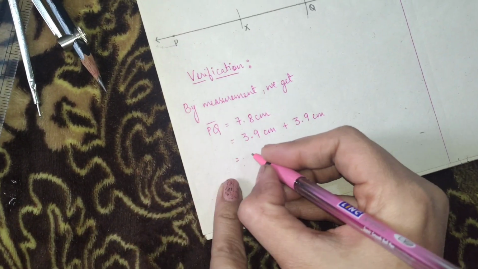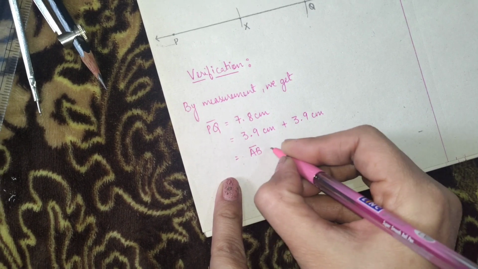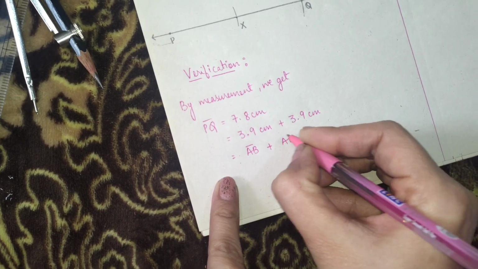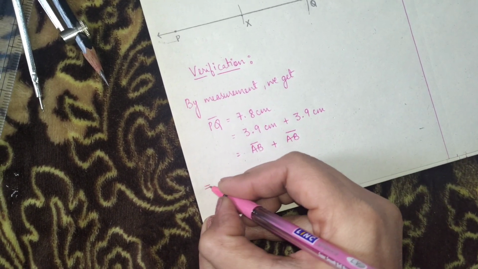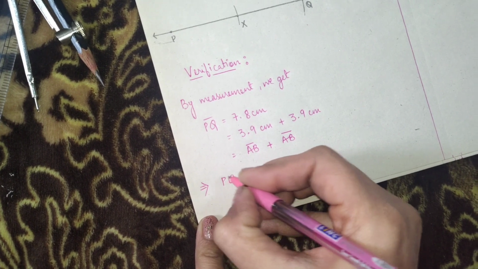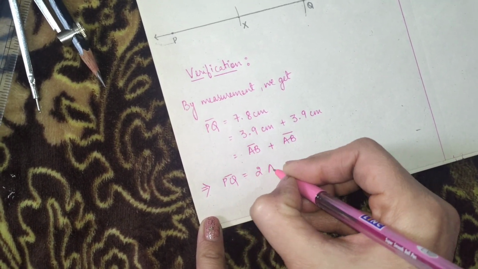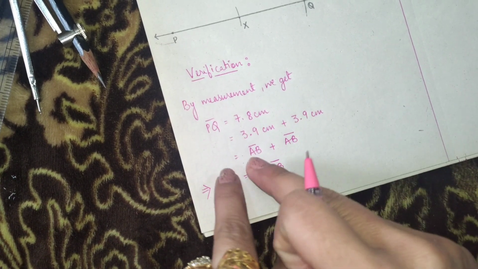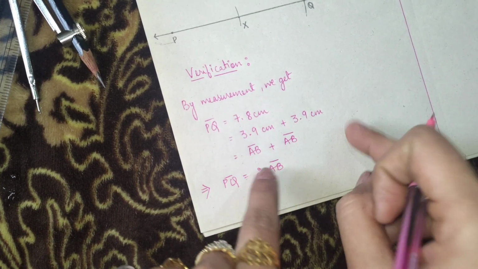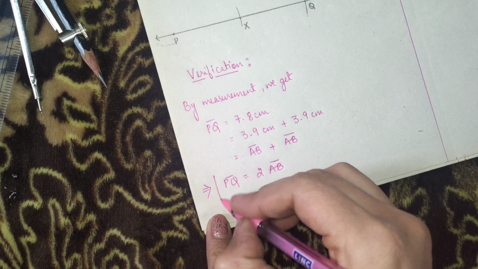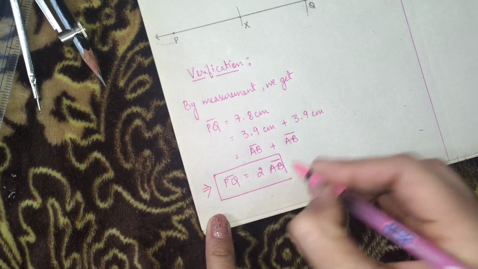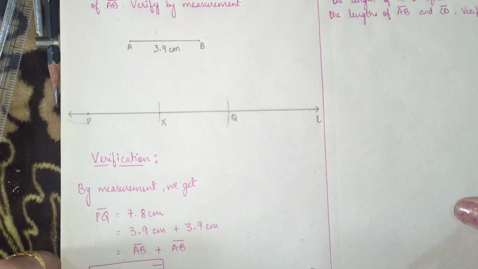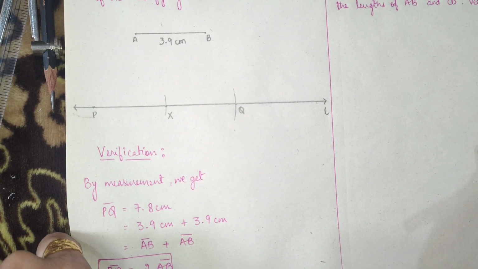So we can write this as AB plus this again as AB. So now it implies PQ is equal to 2 times AB, since x plus x is 2x. Similarly, AB plus AB is 2AB. So that's how you verified your construction by measurement. I hope you understood this.